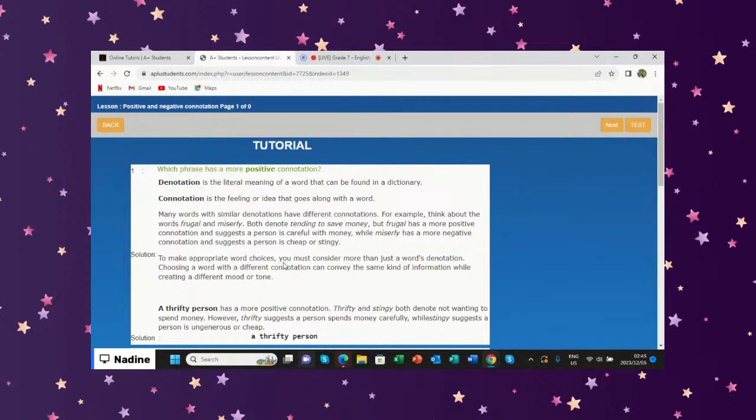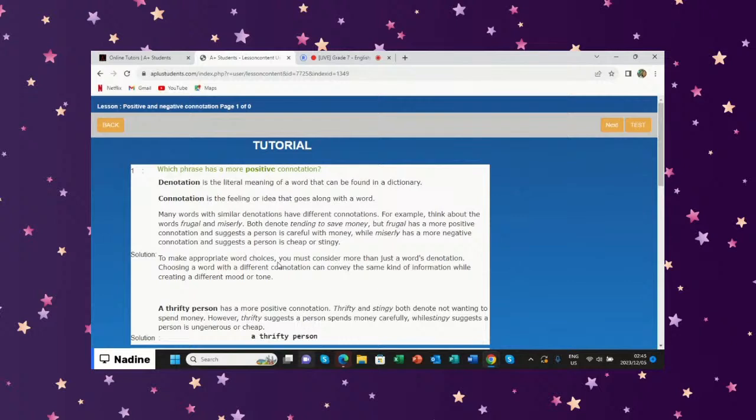If we look at the two words thrifty and stingy, both these words suggest spending, like when someone is wanting to spend money.